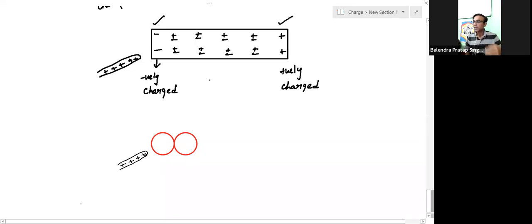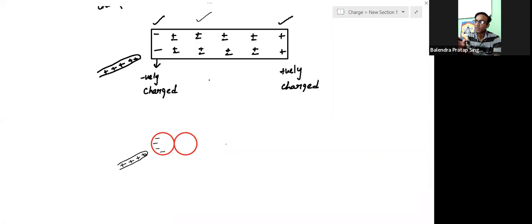So one portion of this sphere gets negatively charged, just like the previous example. And due to these negative charges, the other end of that sphere, because previously they had equal numbers of positive and negative charge, gets positively charged.